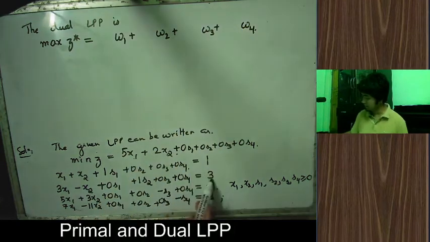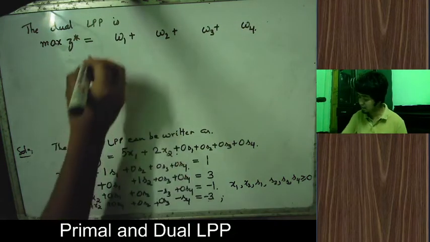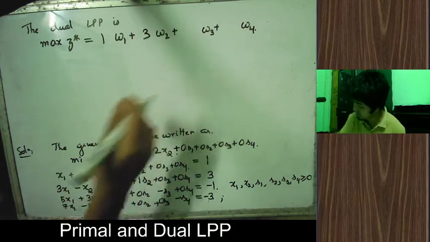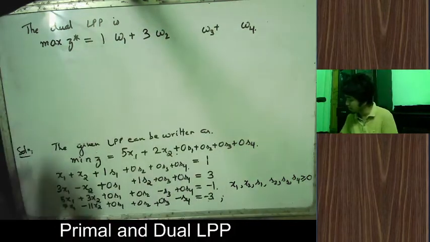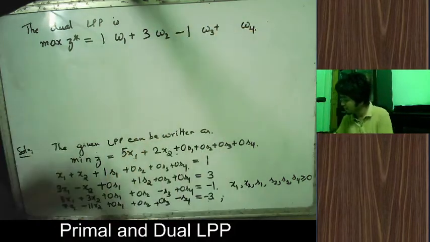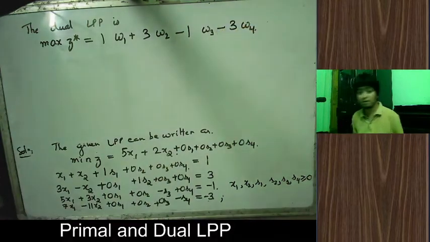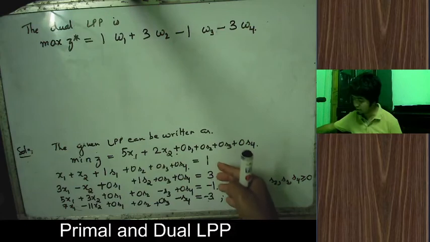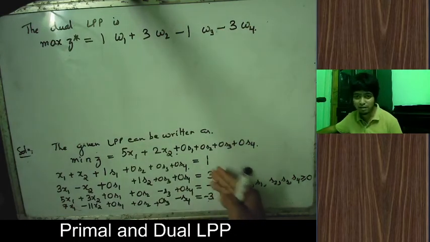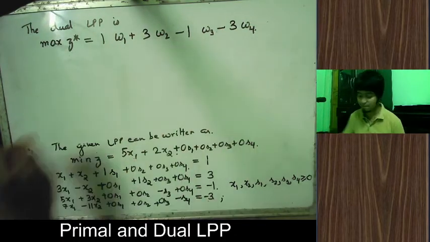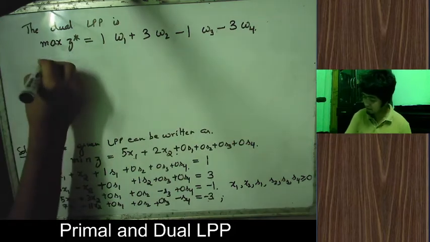And over here it is 1, 3, minus 1, minus 3. Again, 4 constraints have been transformed into 4 variables. And now the constraints, subject to.